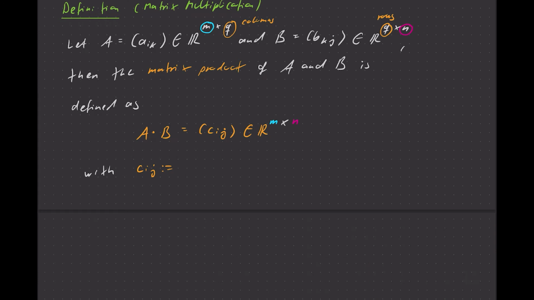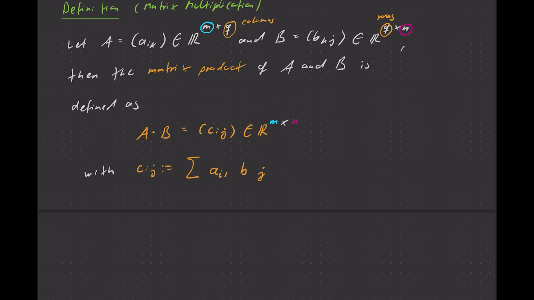So what we do is we sum up the component-wise multiplication of entries of A and B. The entries of A all come from the ith row, so there's an i index here first. The entries of B all come from the jth column, so the second index here is going to be a j. And then we just sum up the component-wise products.